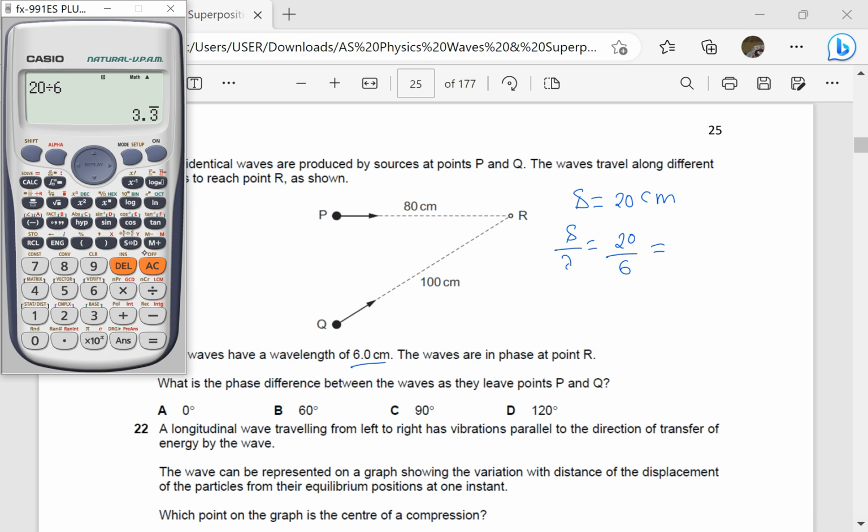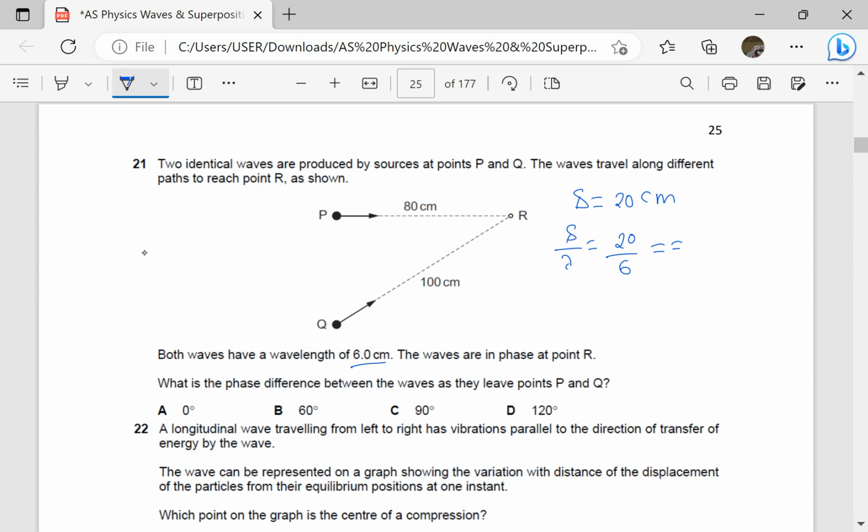So the path difference is going to be 20/6. Now we want the phase difference between the waves as they leave points P and Q. So phase difference is going to be equal to 360 degrees.